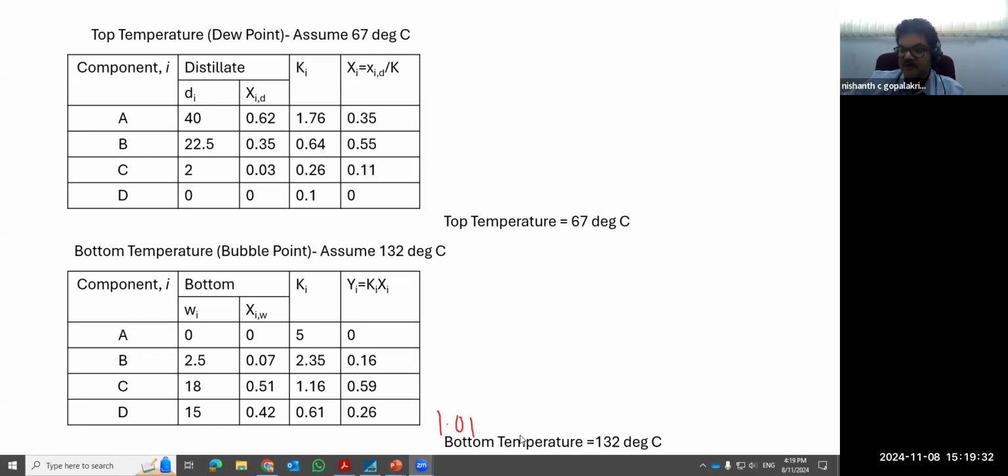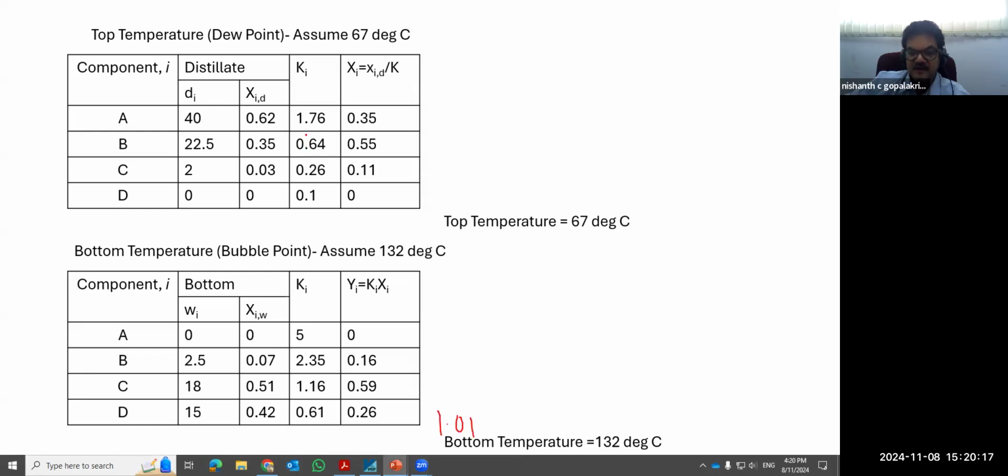So what do you think is the relative volatility between A and B? Not A and B, B and C. What's the relative volatility between B and C at the top and also at the bottom? Top 0.252. Okay, let me do the one for the.